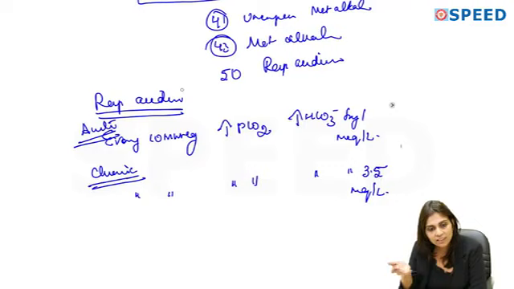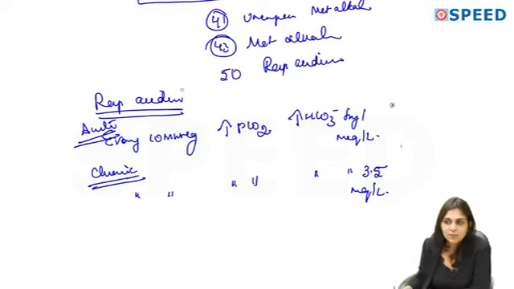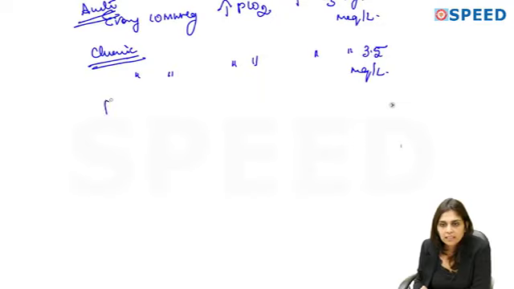Whereas, if it's a chronic condition leading to carbon dioxide accumulation, say chronic obstructive lung disease, in a known patient of chronic obstructive lung disease, you have to expect a chronic compensation. So, it's elevated by 3.5 milliequivalents per liter. This is for respiratory acidosis. Now, respiratory alkalosis.